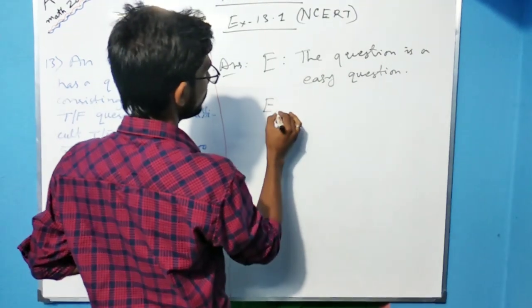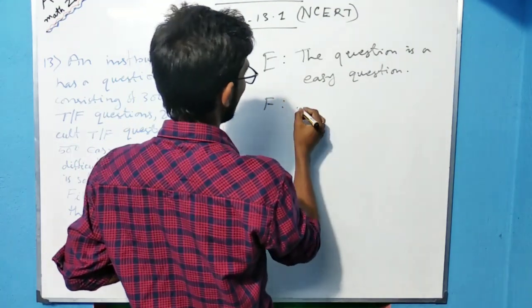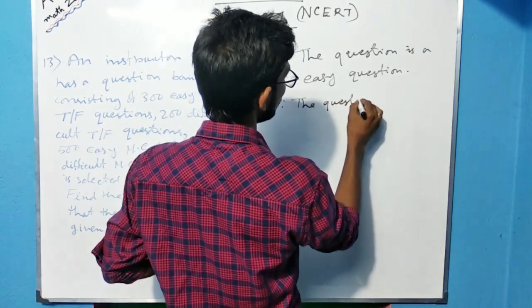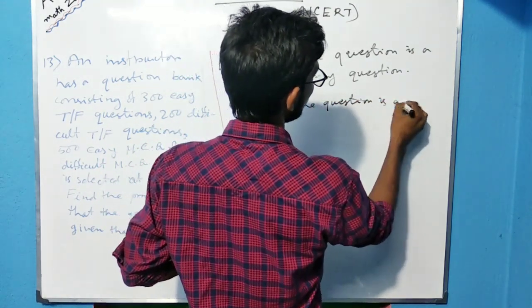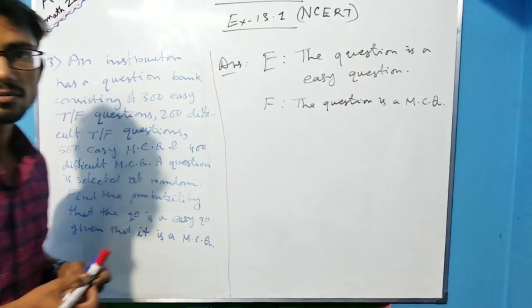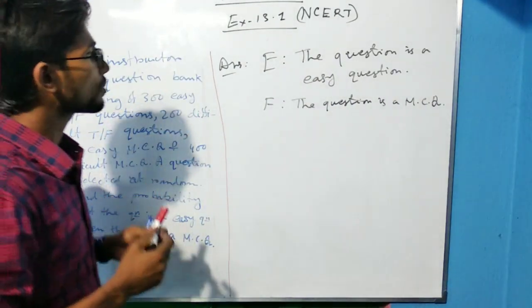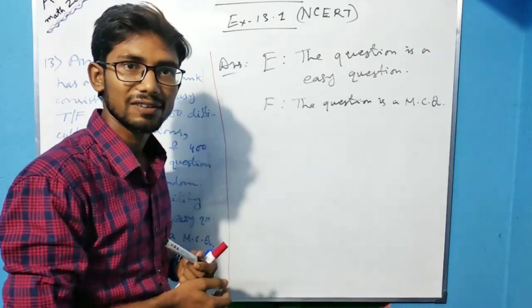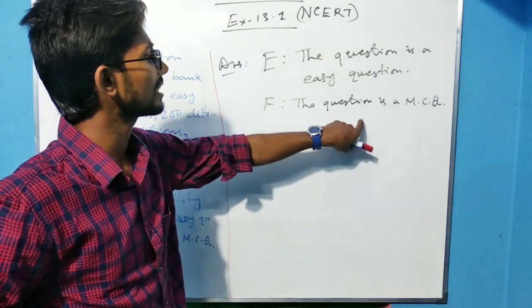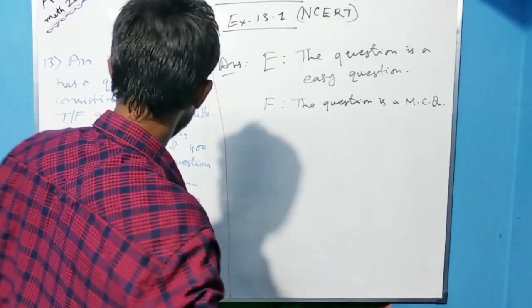And F be the event that the question is an MCQ multiple choice question, right? So the required probability is the probability of E by F. We have to find the probability that the question is easy under the condition that it is a multiple choice question, right?